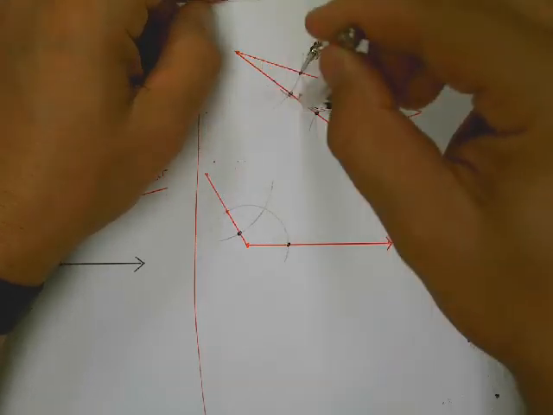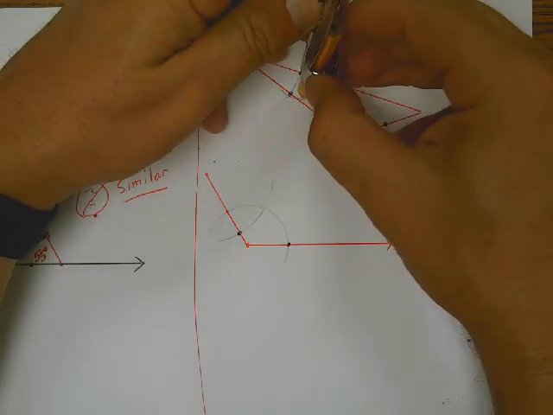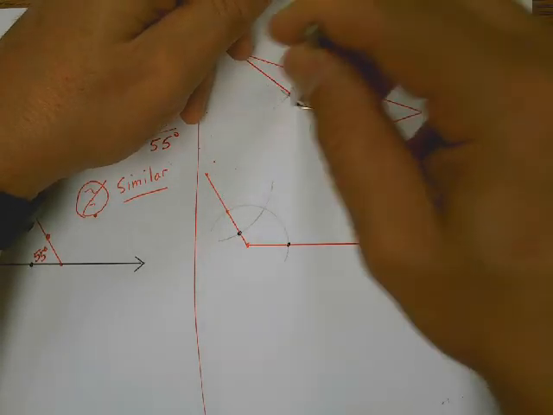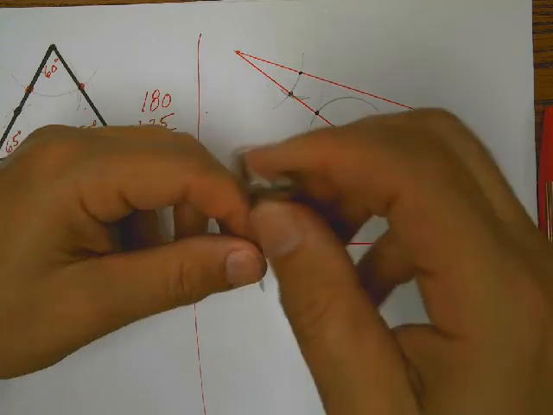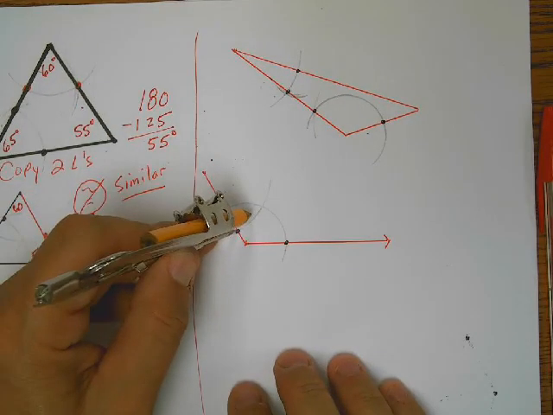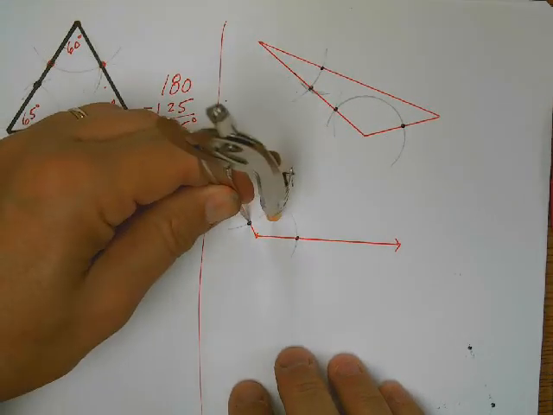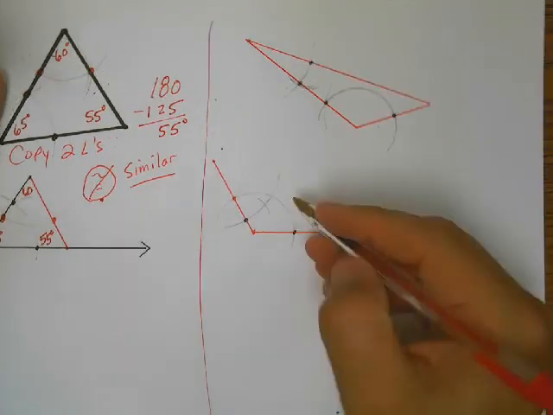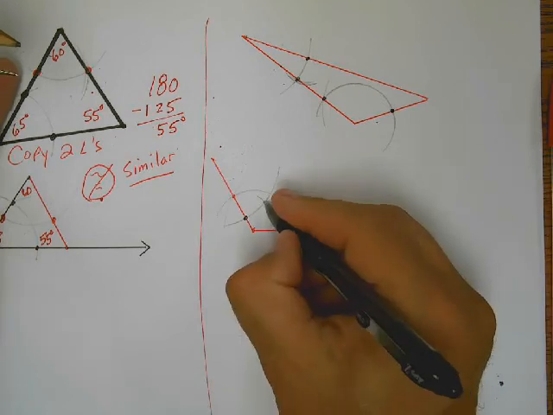I think when they're smaller, it's harder. That works. Go to the point, don't go to the end point. That doesn't make sense. Okay, point of intersection. Here.